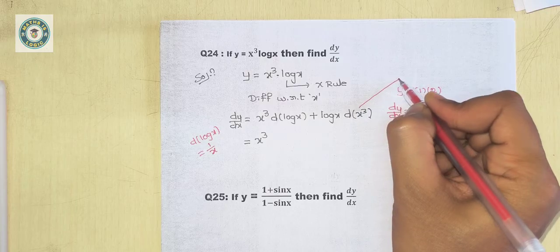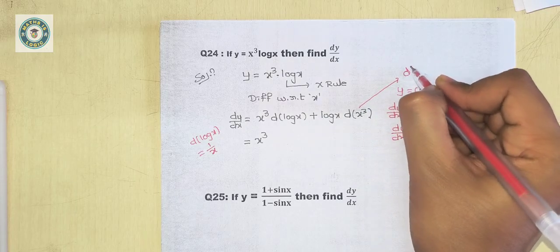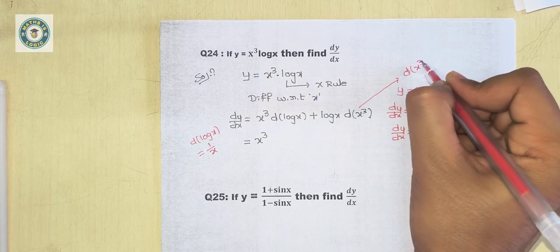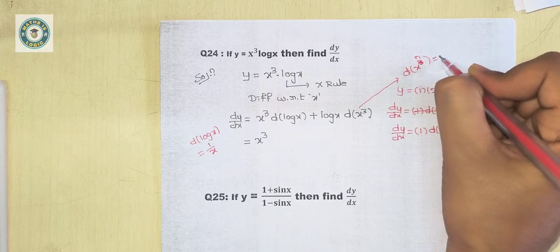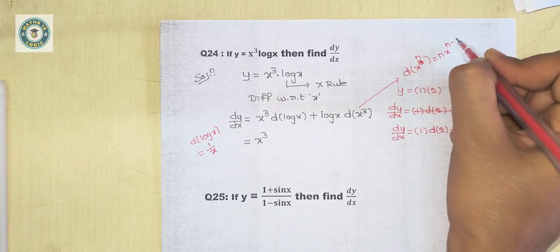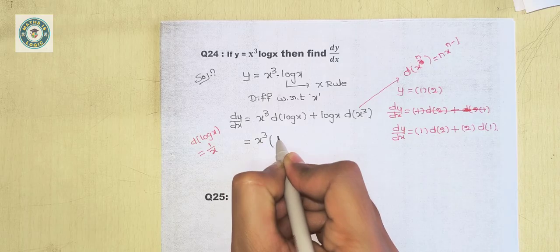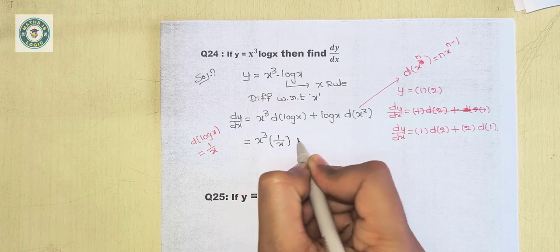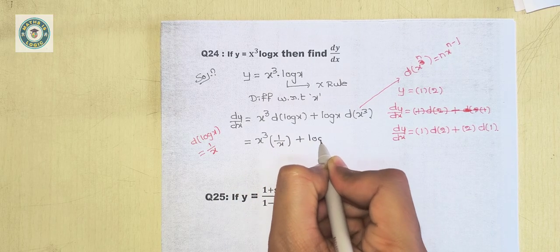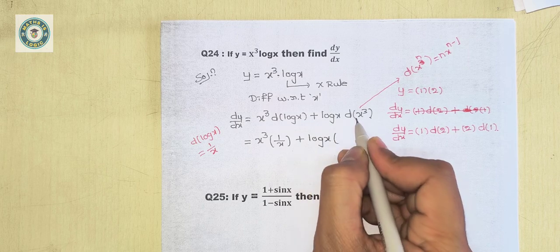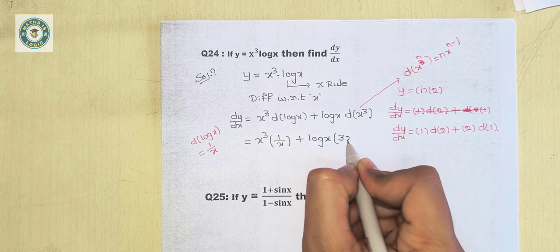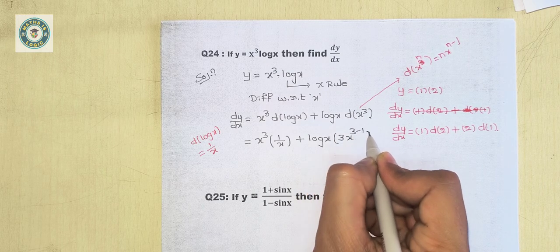And here this looks like differentiation of x raised to n, so n into x raised to n minus 1, the formula we are going to use here. Therefore log x differentiation is 1 divided by x, plus log x as it is, x to the power 3 goes to 3 into x raised to 3 minus 1.